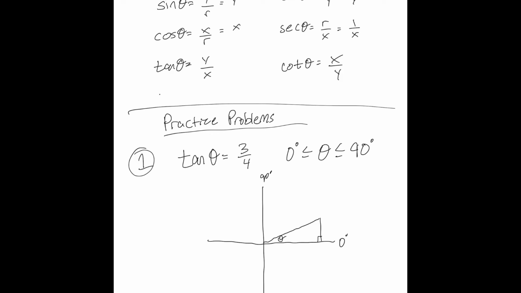Tangent of theta is 3 over 4, opposite over adjacent, so 3 would go here, 4. This is a right triangle triple, so your hypotenuse is 5. And the question wants to know cosine. Cosine theta is adjacent over hypotenuse, 4/5.